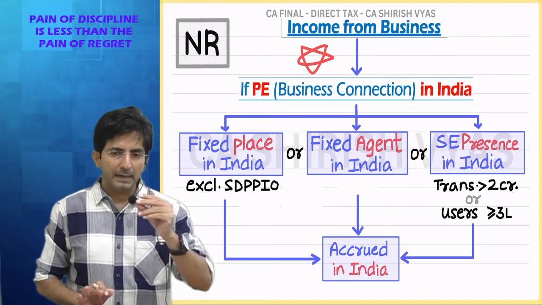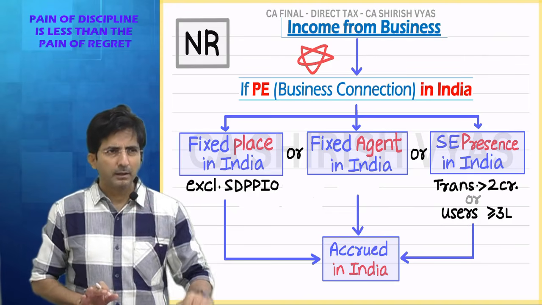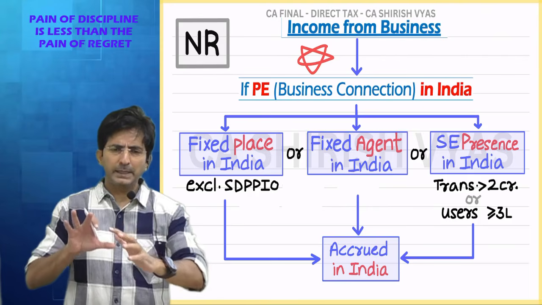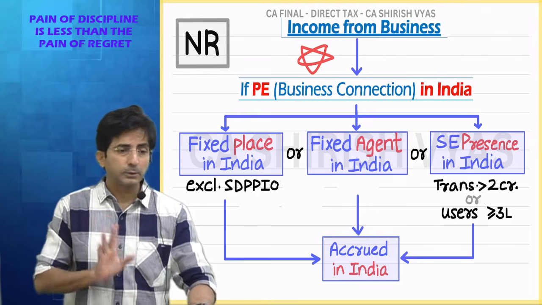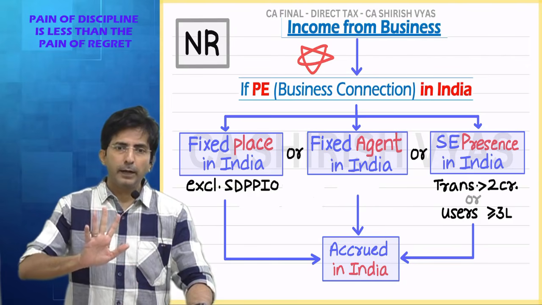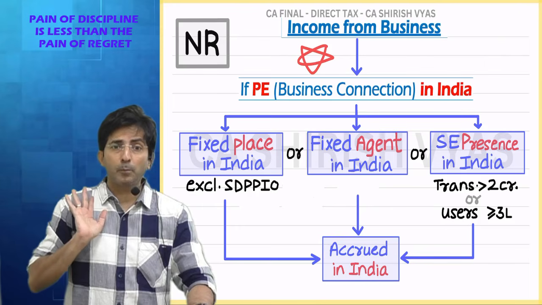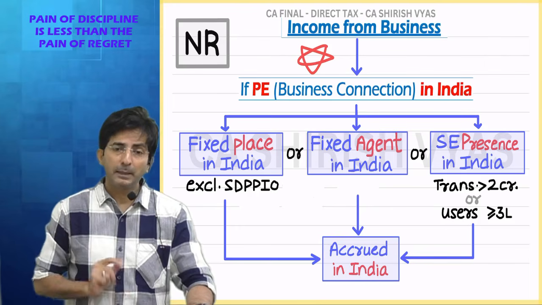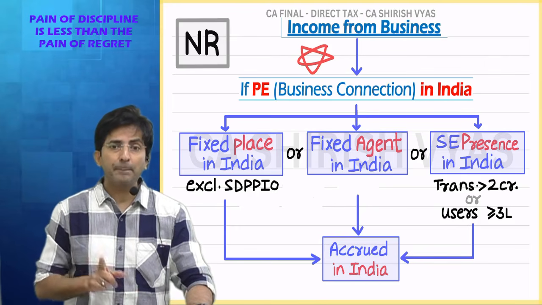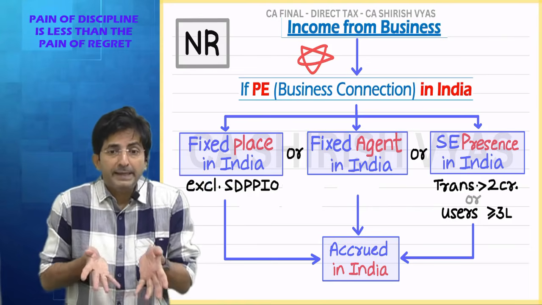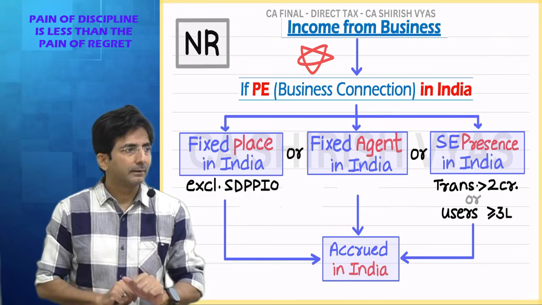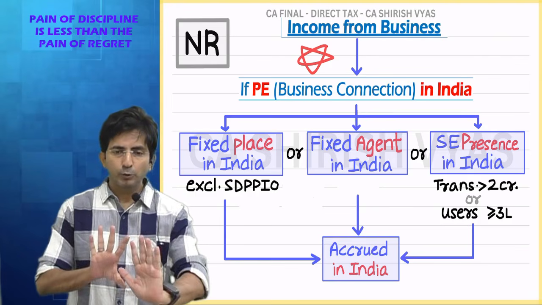See, answer this in the question. If they say the non-resident had a place of displaying product, only display, and the customer who liked the product in display placed an order, but the sale happened from abroad. The sale didn't happen from Indian land. Indian land was used only for displaying.